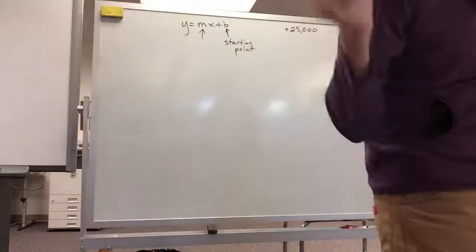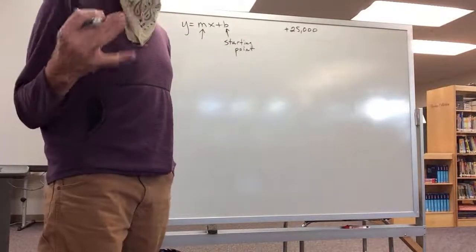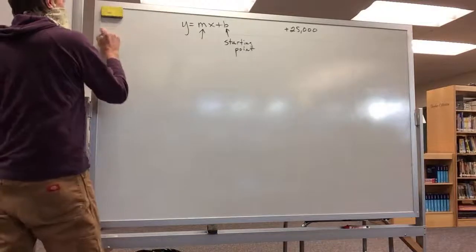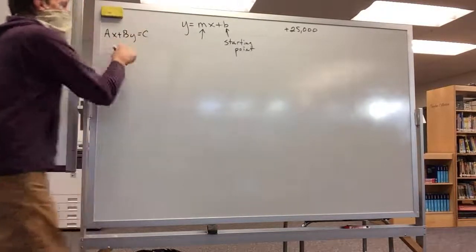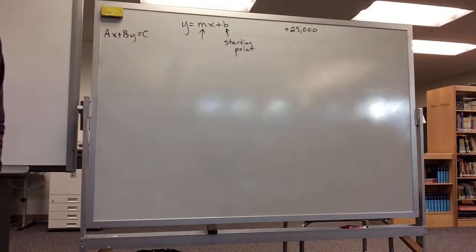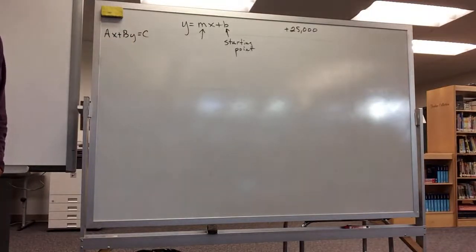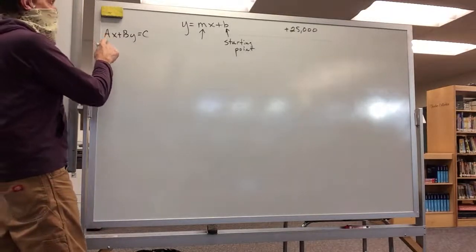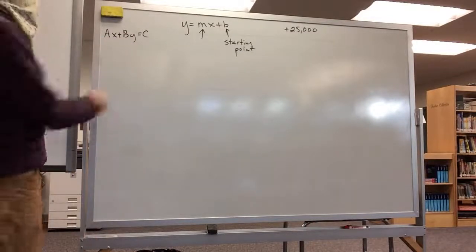Slope-intercept form equations are rate equations. They're equations that describe rates. So we've got slope-intercept form and we've got standard form. Those are the two different forms of equations that we see. Standard form is like hot dogs for $2 a hot dog and hamburgers are $2.50 a hamburger and you have $30 to spend.